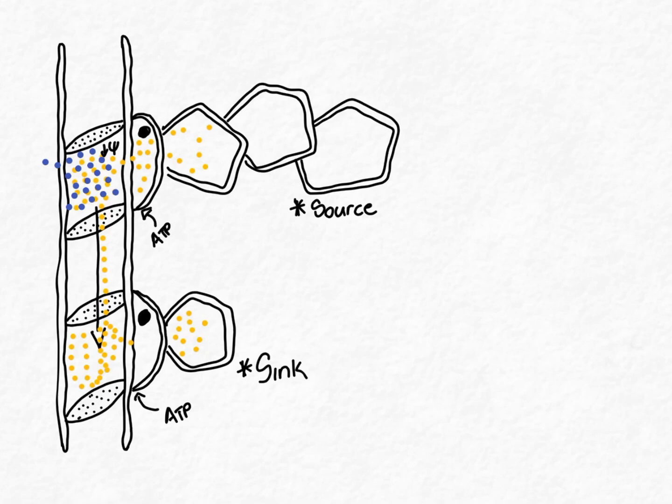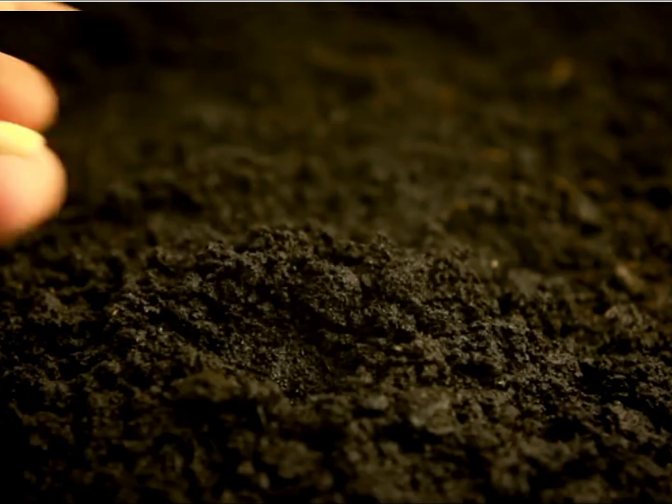Now the source and the sink do not have definite types of cells involved in them. They change as the seasons change and also as the maturity of the plant changes. So let's look at a few examples and situations where the source and sink will differ.